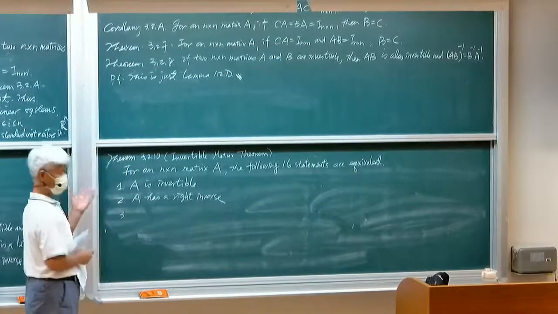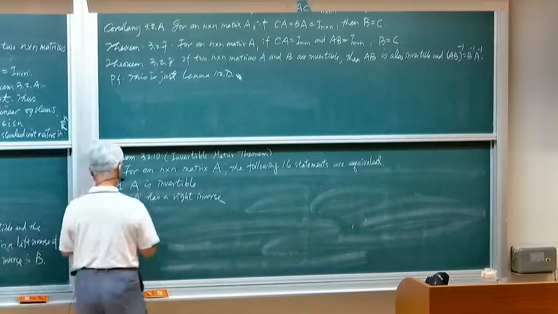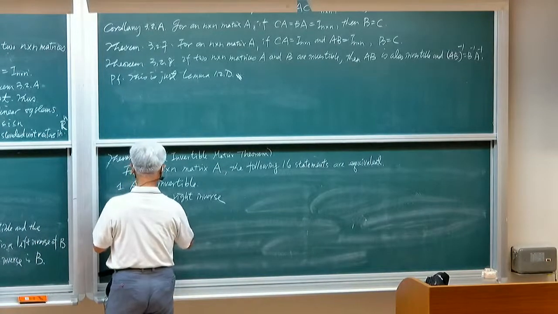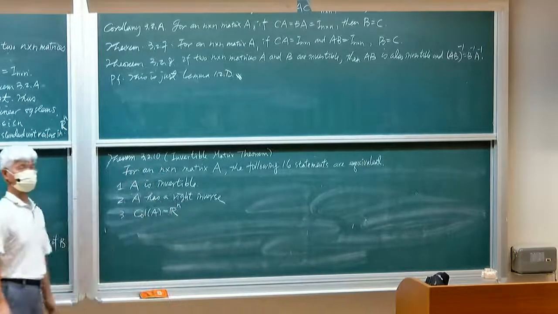But A has a right inverse if and only if the column space of A is equal to the n-dimensional Euclidean space.